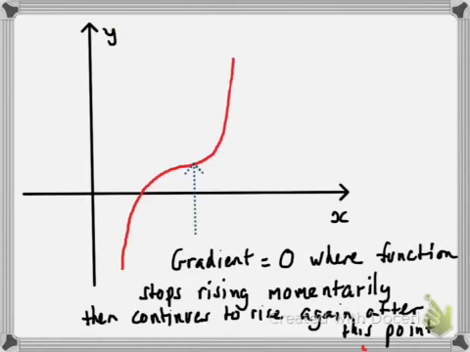Same here, this is an inflection this time. Sometimes I don't draw inflections all that well, but it stops rising momentarily, and then it starts to rise again. So we've got positive gradient, it's rising with positive gradient, it momentarily stops there, and we've got a gradient of zero, and then it starts rising again, positive gradients. It's another type of stationary point.